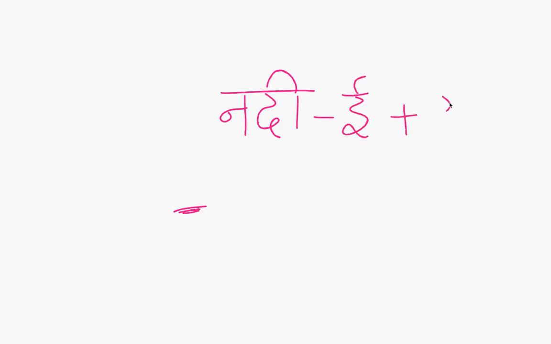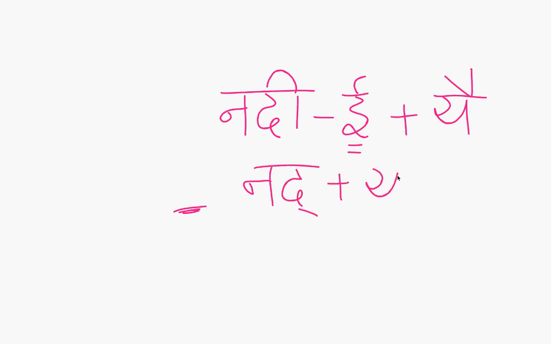So if it is Dirghai, like Nadi, we have to remove that Dirghai from this and then add Yai. So from Nadi, remove Dirghai. So we get what? Just Nad. Nad Yai. So Nadyai.